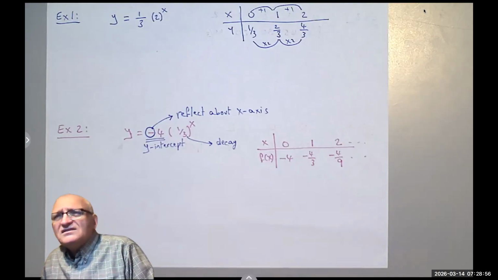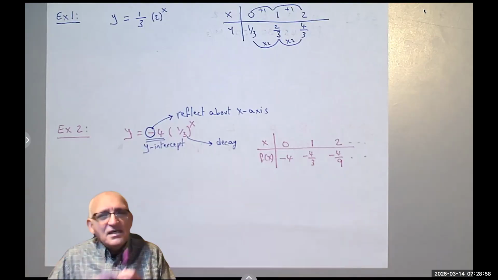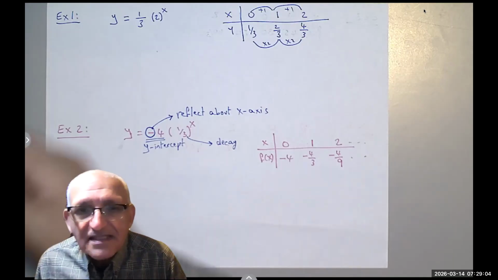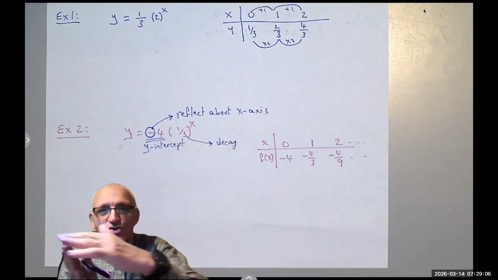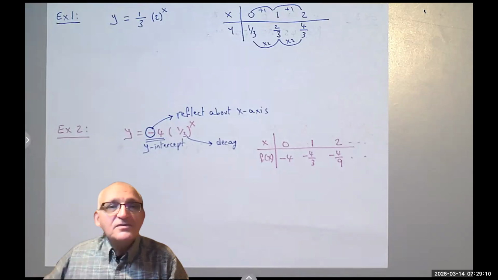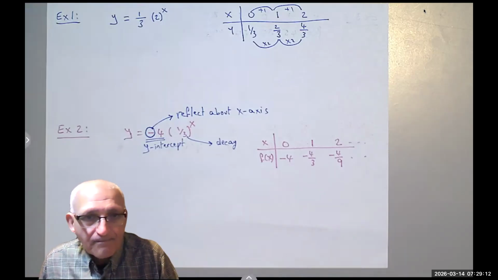Here you would say, doesn't decay mean it would decrease? No, not necessarily. In this case, the decay means it goes towards the x-axis, not toward plus or minus infinity.